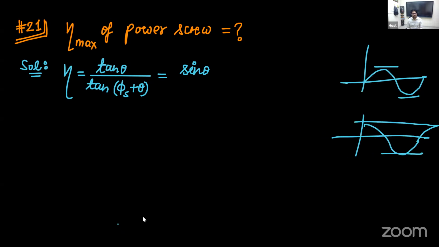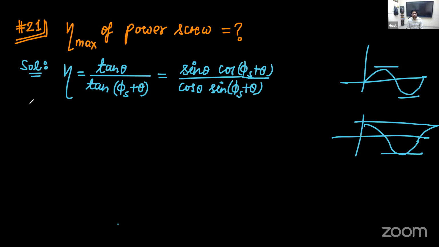That will become sine theta upon cos theta, and this one will become sine phi s plus theta upon cos phi s plus theta. So that cos phi s plus theta will go to the numerator.